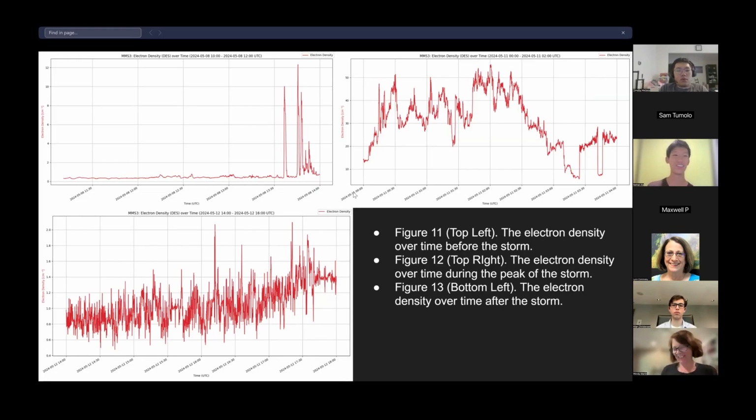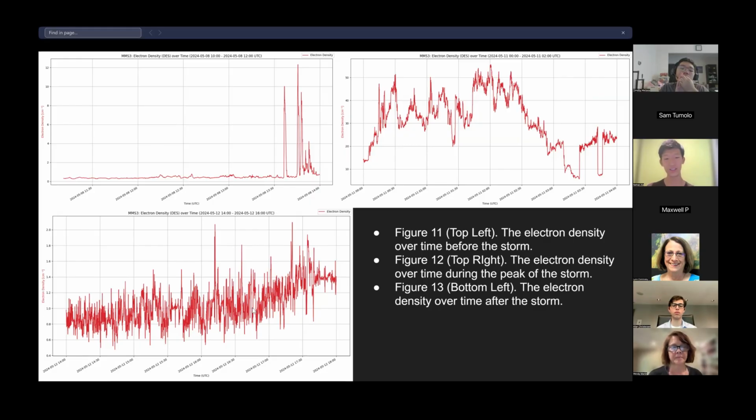So for electron density, which is the concentration of electrons, before the storm it averaged around 2 per cubic centimeter, and during the storm it peaked around 30 to 40 per cubic centimeter, and after the storm it went down to 1 or 2 per cubic centimeter, but the graph is less consistent.